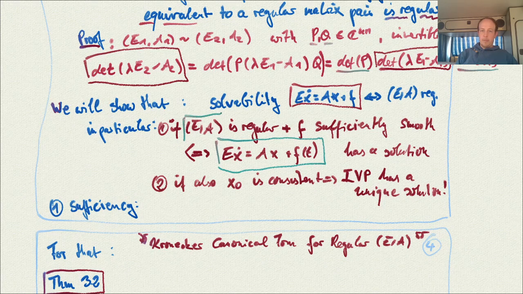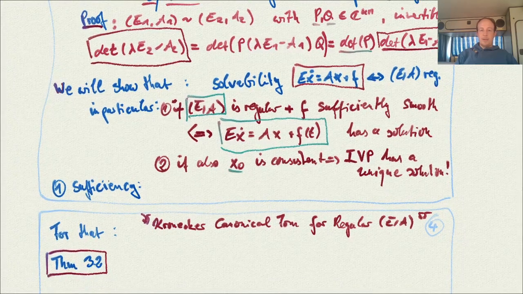Well, then we know E, A is regular, then this will have a solution. And then we can also characterize consistency of the initial value and so on. And also we will see under which circumstances it also holds that this can only have a solution if this pair is regular. Okay, but let's start with the sufficiency. E, A regular, then we will find a solution to this problem.